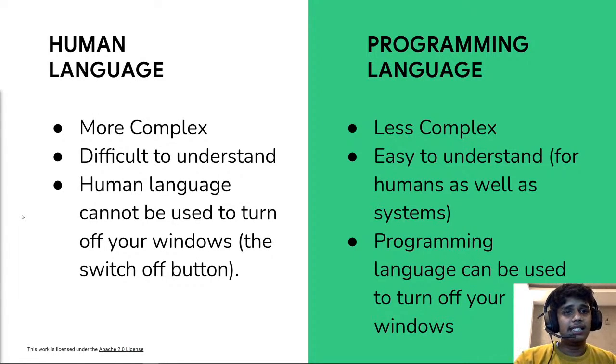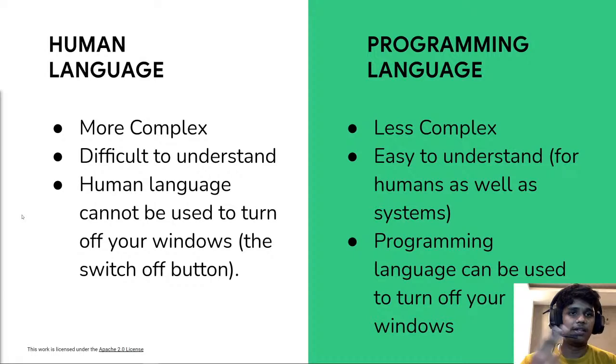The other thing is that human language cannot turn off your system. That's what I said before, and that's why you have a power switch off button. If you didn't have that button, you would just say to your computer, turn off my system. Nowadays you have AI, or let us say Siri and Okay Google.